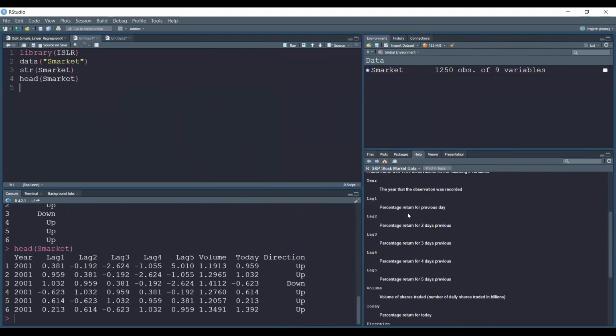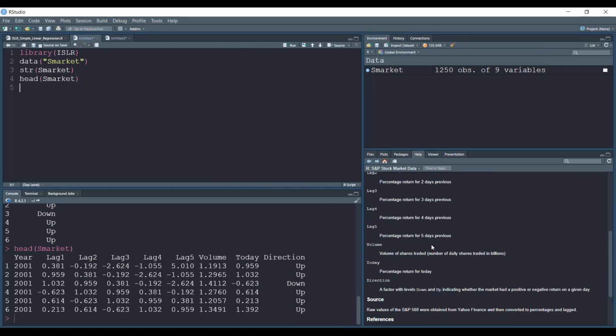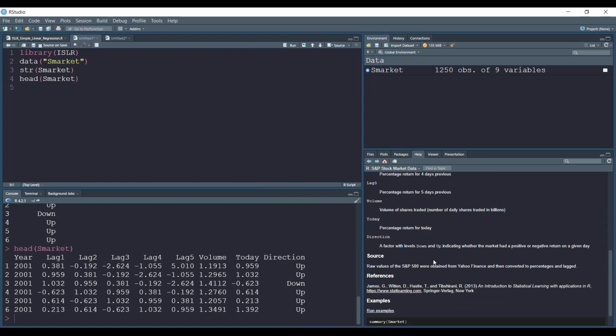The percentage return for previous day, percentage return 2 previous days, 3 previous days, 4 previous days, 5 days previous. The volume of shares traded, number of daily shares traded in billions. So just the selling and buying that's going on.